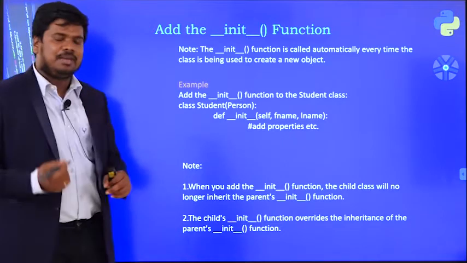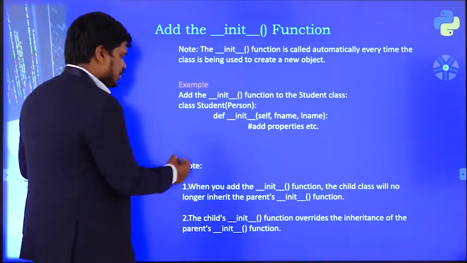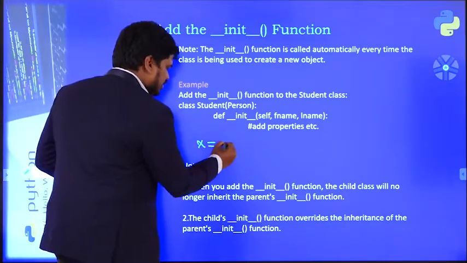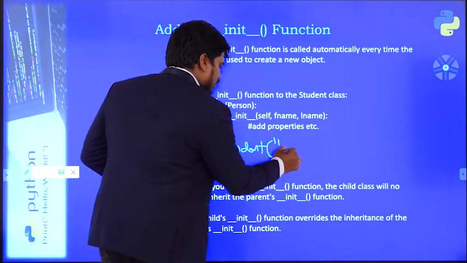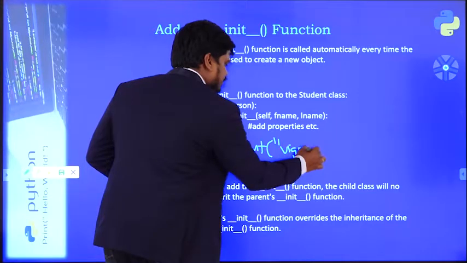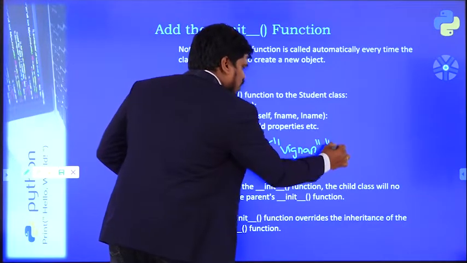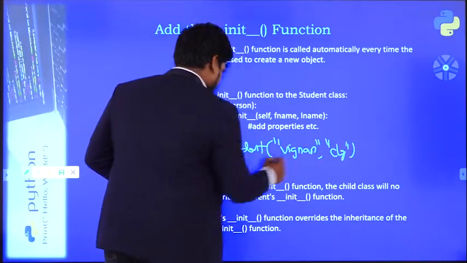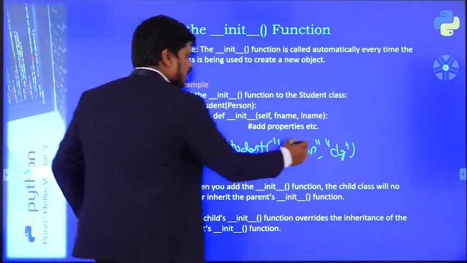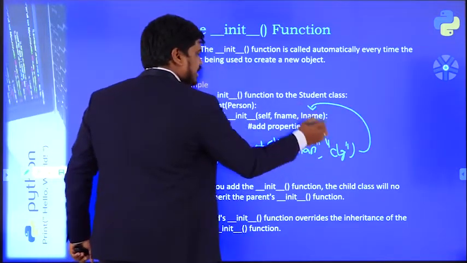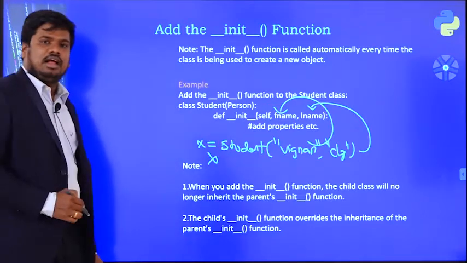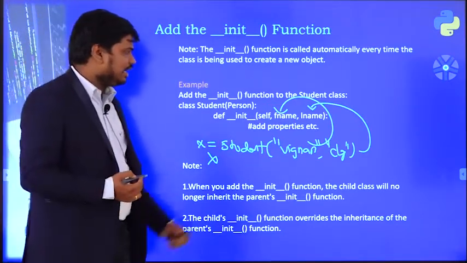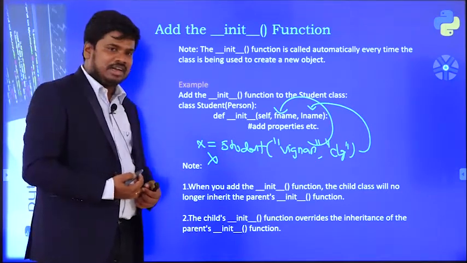For example, here I am going to create an object: x is equal to Student of Vignan, followed by college. The moment I create the object, these arguments will be passed into this constructor, and as a result it will be called automatically.